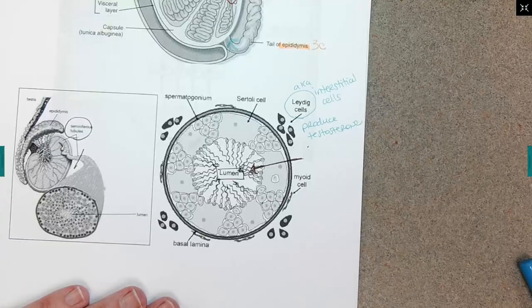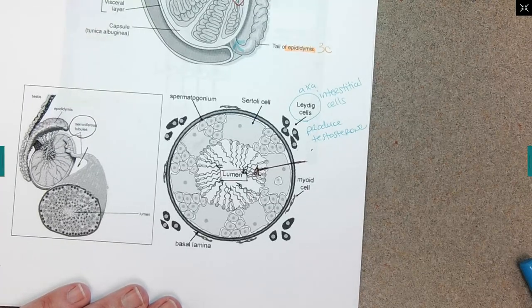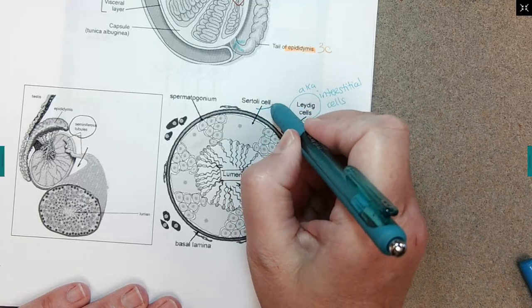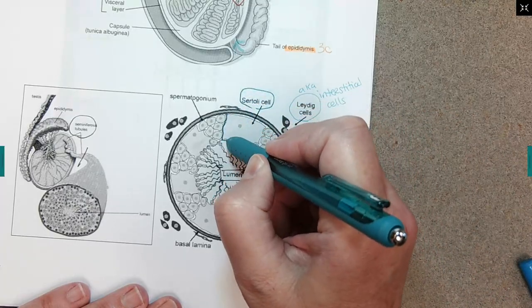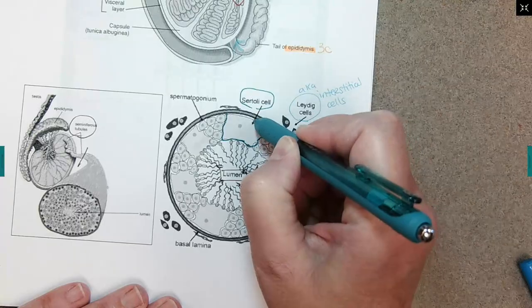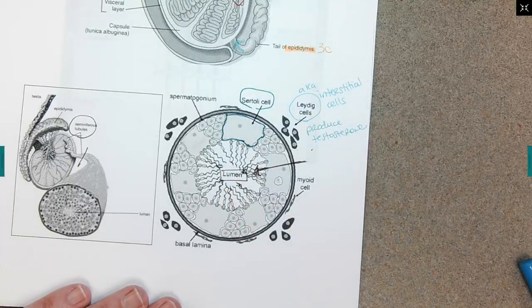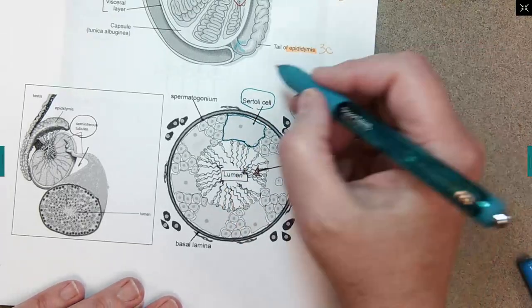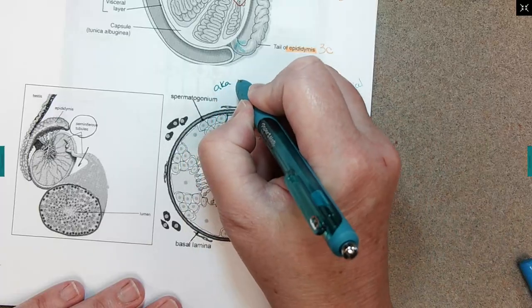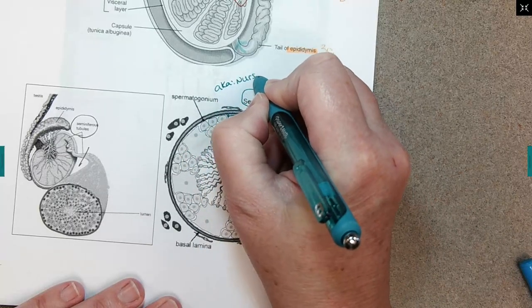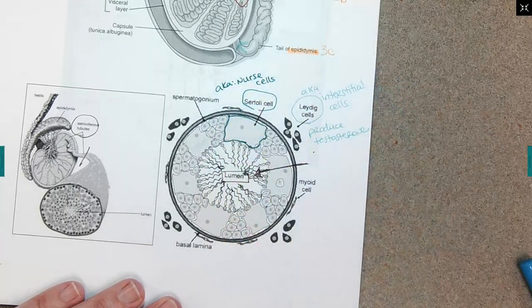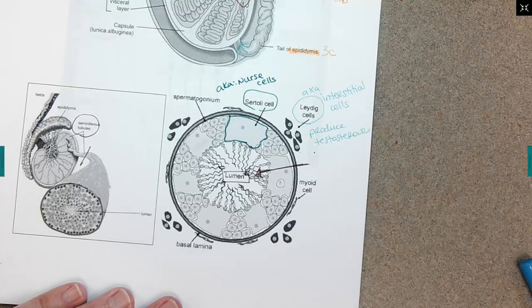Now the other cell type that we're going to talk about are the Sertoli cells. So this whole thing right here, this is a Sertoli cell. Sertoli cells, also known as nurse cells. These are located within the tubule.